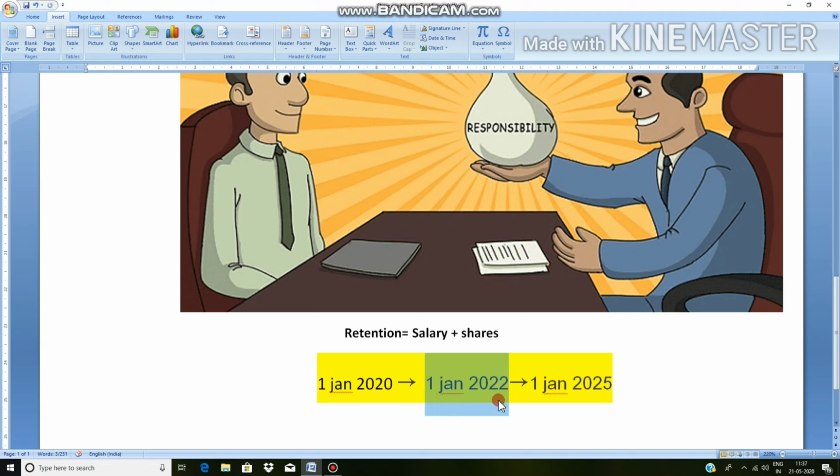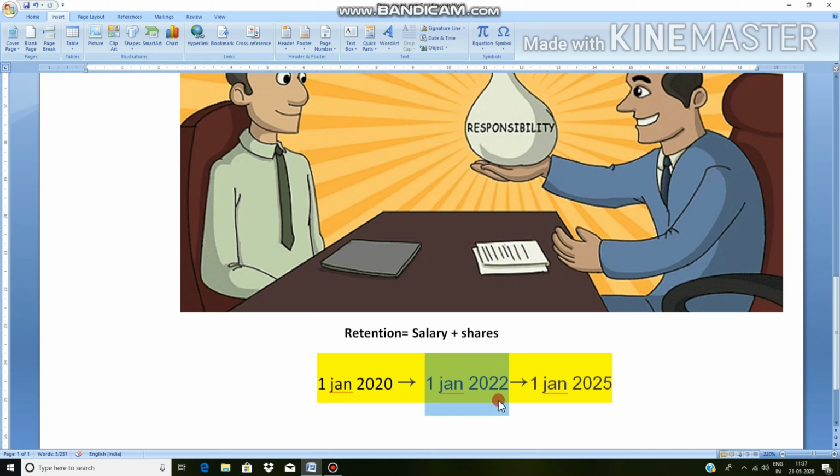After 2 years, on 1st January 2022, the company offers a grant letter that you are now eligible, and we will provide you our company's 5,000 shares. Again I repeat, 5,000 shares.